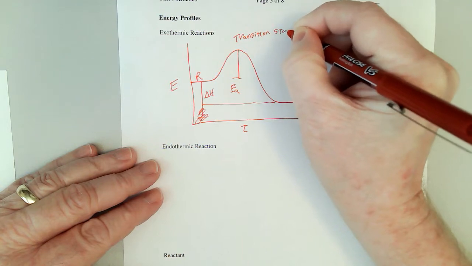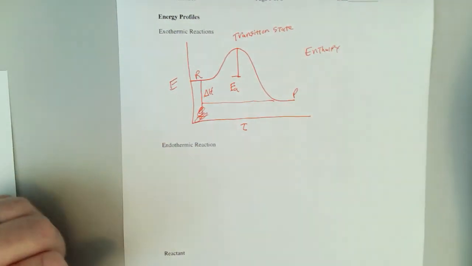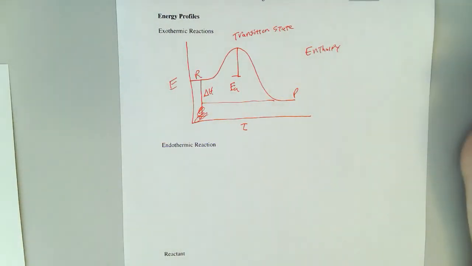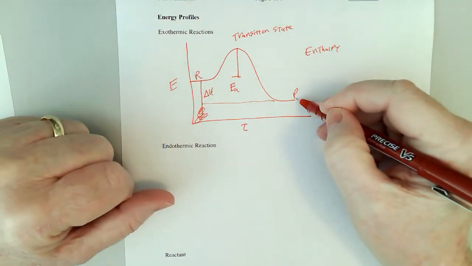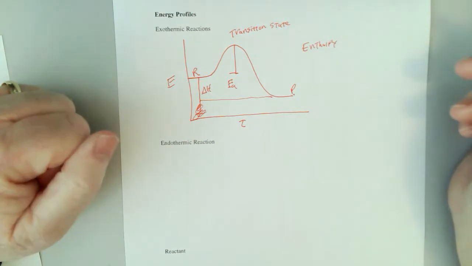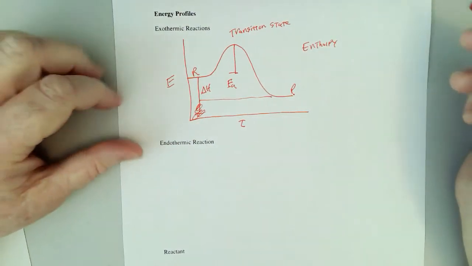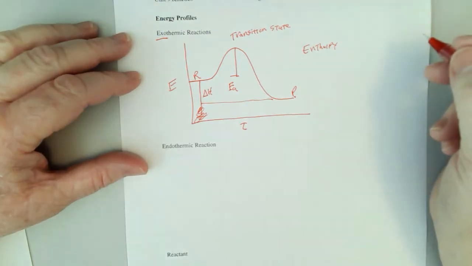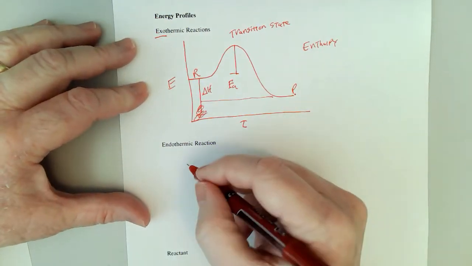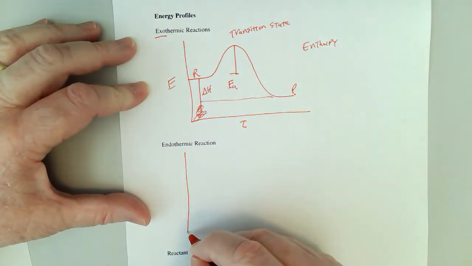We'll get into all of these in more detail later on. The take-home point is that the energy of the products is lower than the energy of the reactants, which means energy is given off, and hence we call this exothermic. This is a reaction that would feel hot if you were holding the test tube.